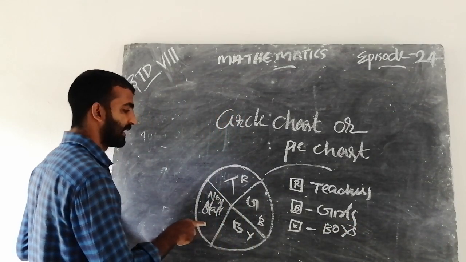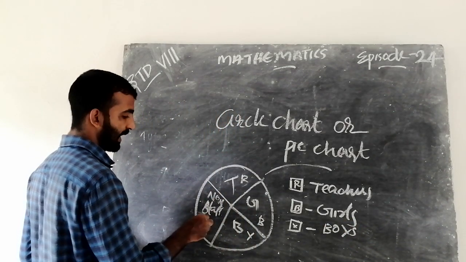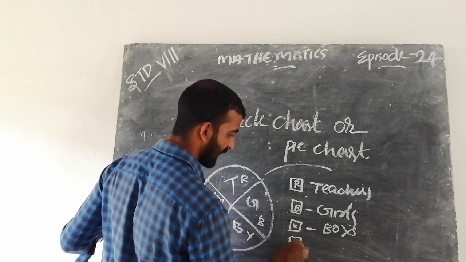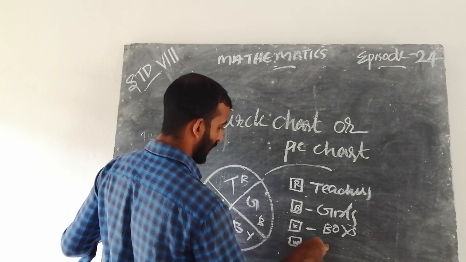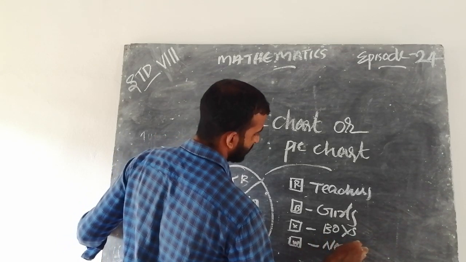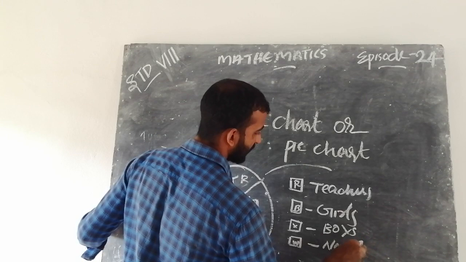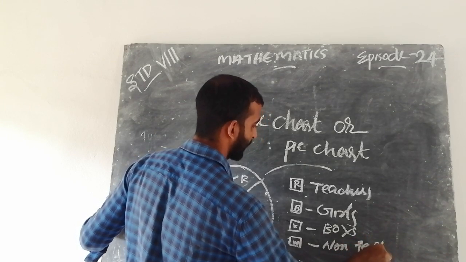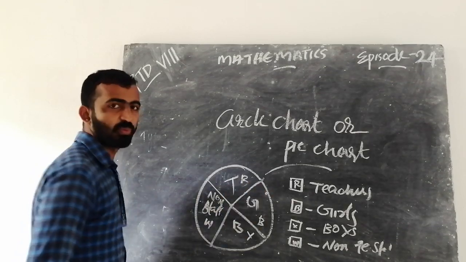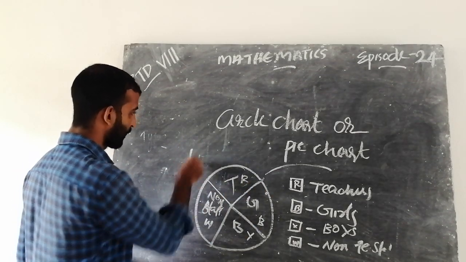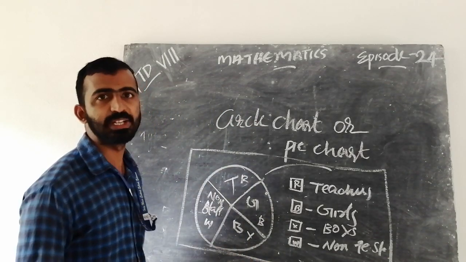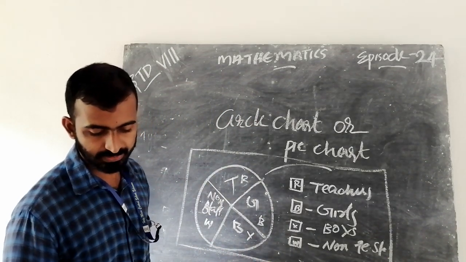And next is non-teaching staff, a white color, that is white, non-teaching staffs. Is it 1, 2, 3, 4? That is 4. This is pie chart or circle chart.